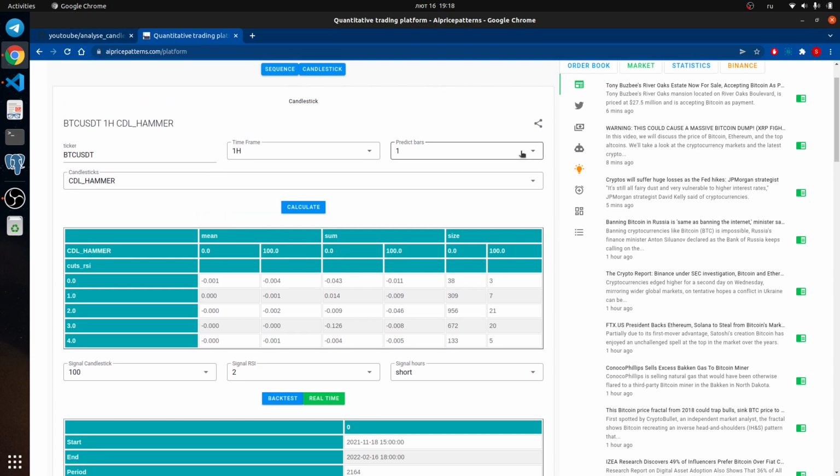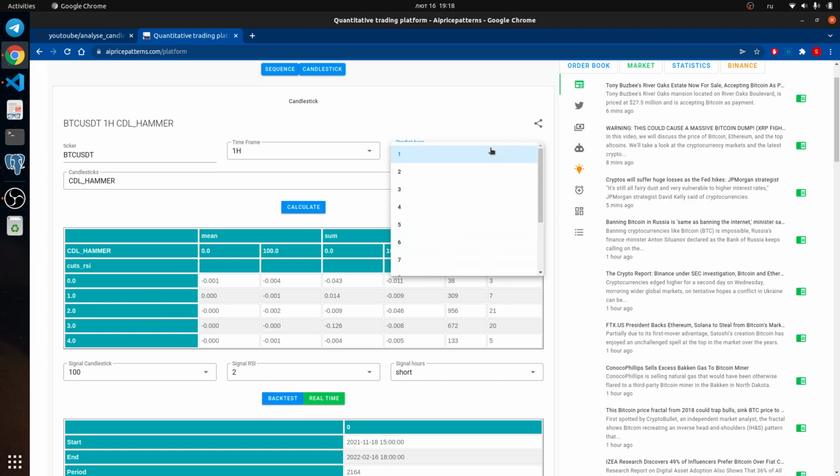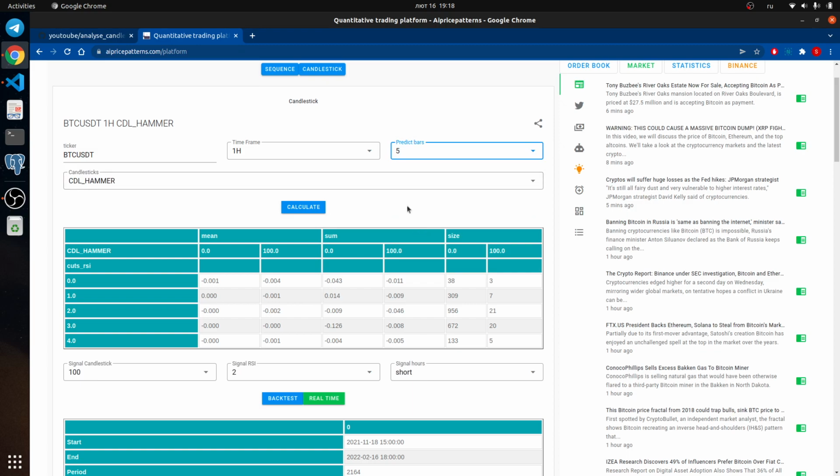Let's analyze, for example, what happens when we have a candle pattern after 5 bars, for example, after 5 hours. Let's calculate. Okay, it's a very interesting situation like this when we haven't candle patterns and RCI is 3.